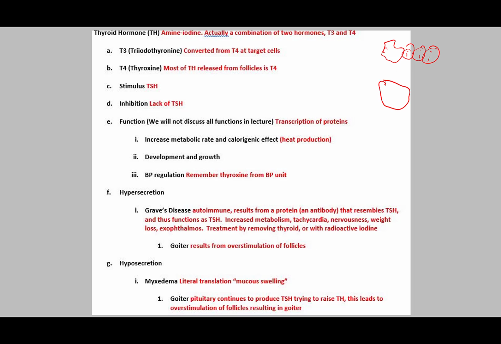T4 would be the same amino acid-based hormone, except it's got 4 iodines attached to it. So the T3 tells us how many iodines, the T4 tells us how many iodines. T3 is called something along the lines of triiodothyronine, and T4 is actually called thyroxine.